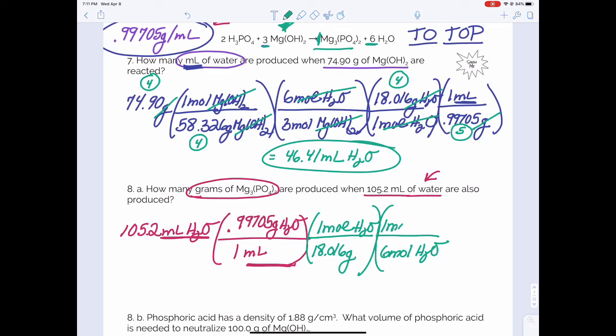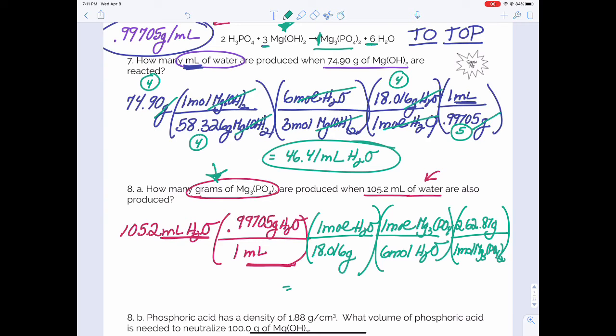So 1 mole of magnesium phosphate. And what does the question ask me to find? The question asks me to find grams of magnesium phosphate. So 1 mole of magnesium phosphate, and the molar mass for that, 262.87 grams.